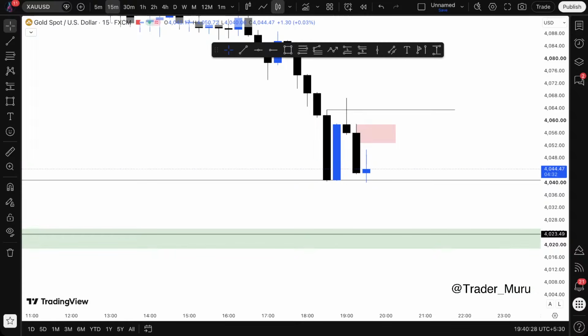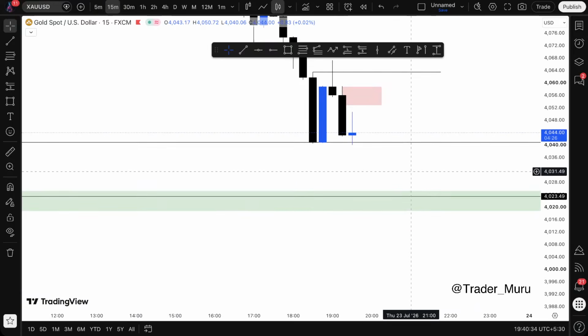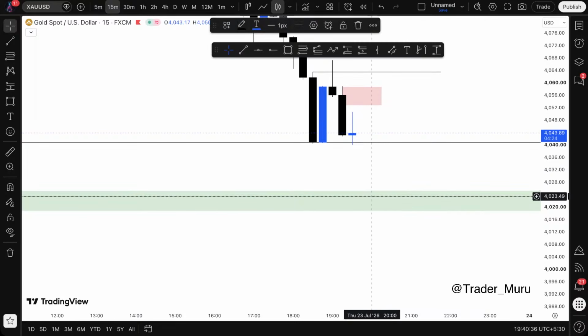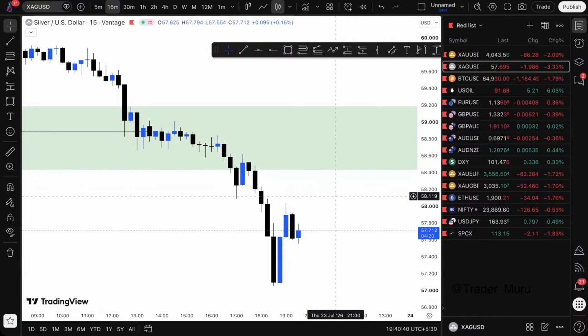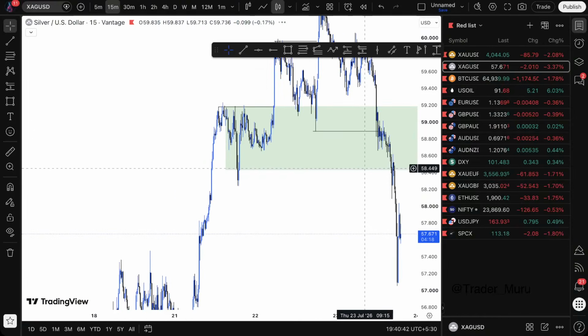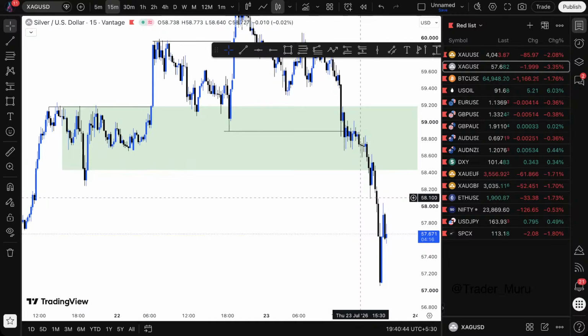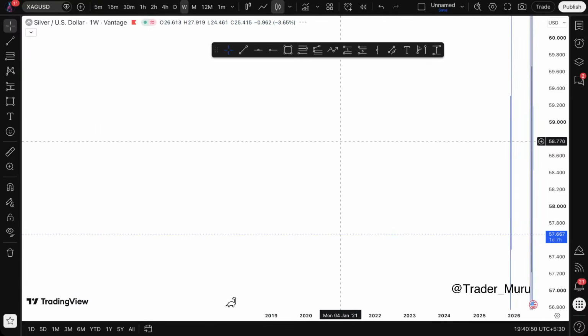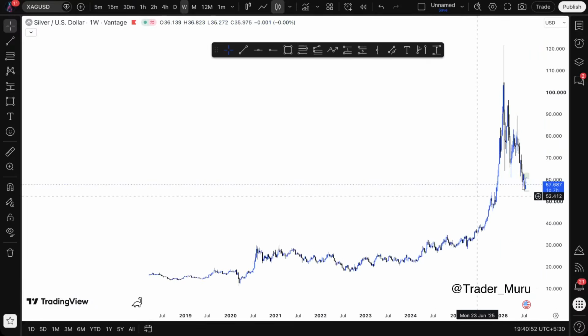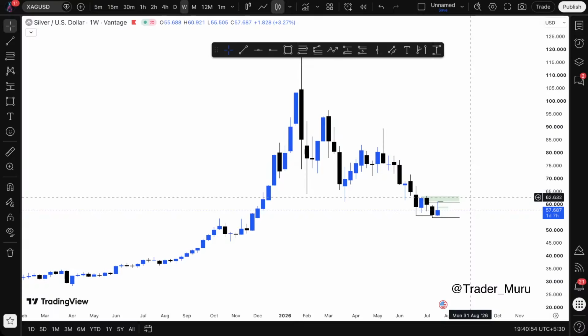Hello legend, can we buy gold from 4020 and silver from 56 to 80? Wait brother, I'm waiting here. We will wait for the testing candle. And silver, I'm not looking for any buy here. I'm looking for a sell in silver, because I analyze silver just like gold.